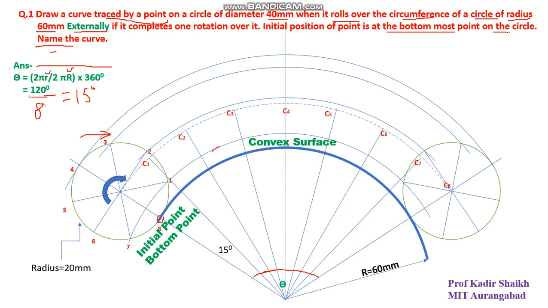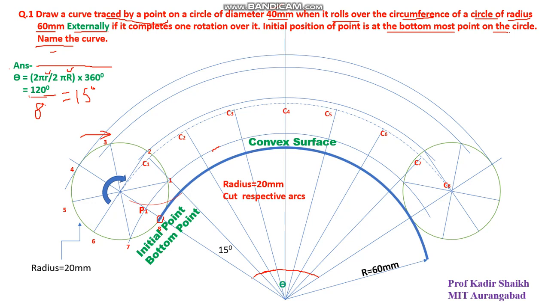Take the radius equal to 20 mm in the compass, that is the radius of the smaller circle, and with centers C1 to C8 cut arcs on the respective projectors like this. With C1 as center, cutting the arc of division 1, or passing through division 1, you will get P1.